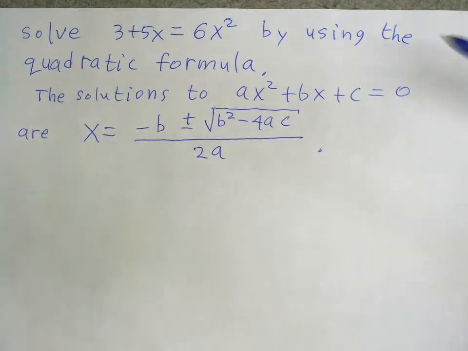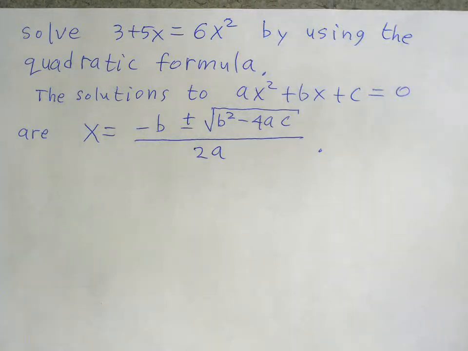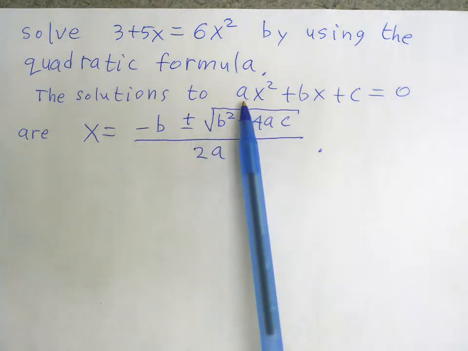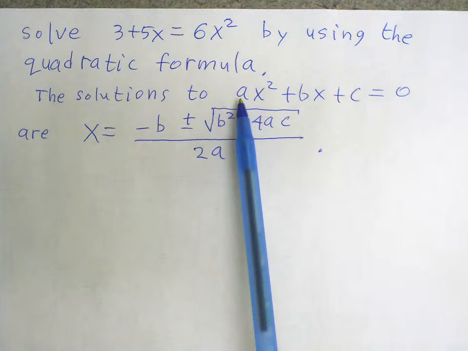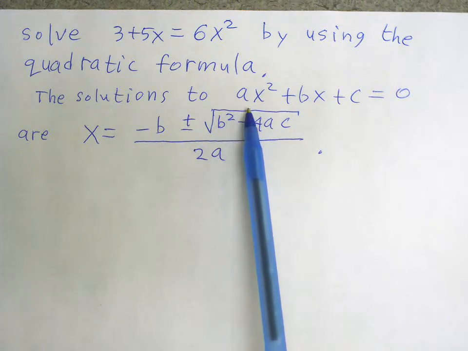Okay, so we're starting out with a quadratic equation that is not in standard form. So I've mentioned a few times, before you assign values for a, b, and c, you have to make sure that they come from the correct places.